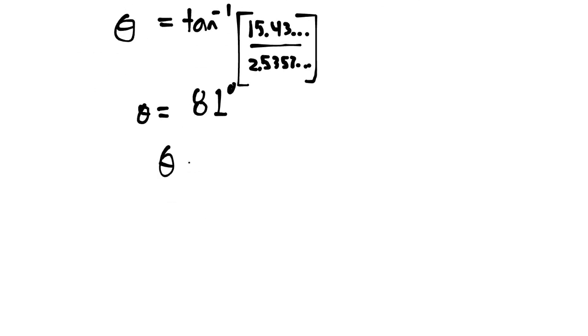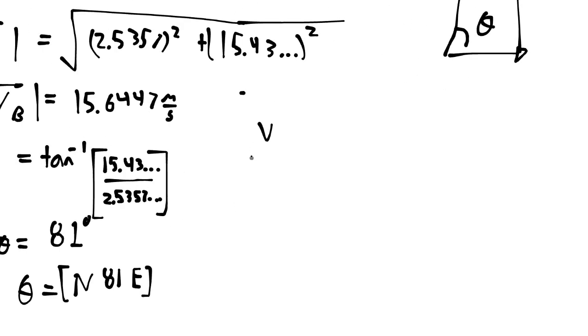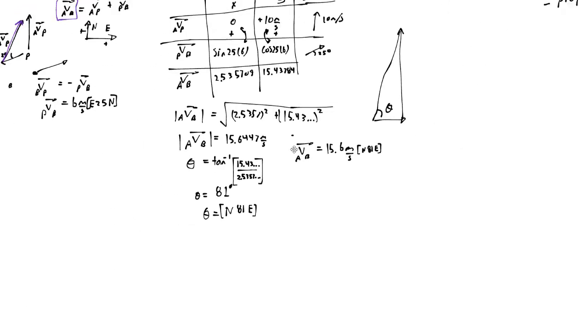So, theta equals north 81 degrees east. So let me just put those two things together. So velocity of AB equals, I'll say 15.6 meters a second. There we go.